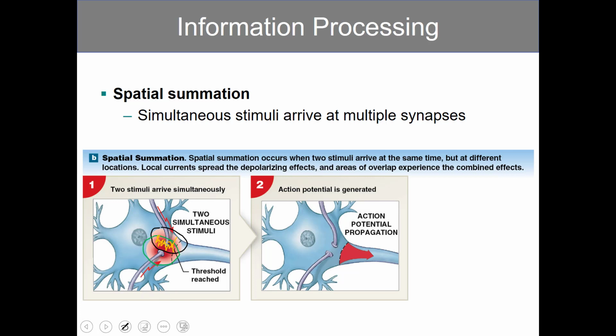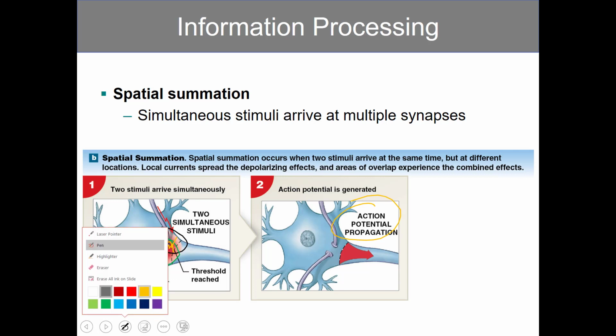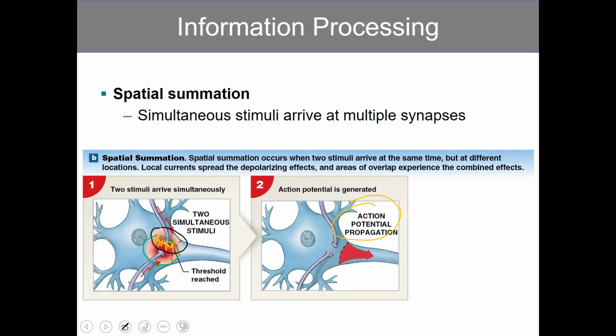Through spatial summation, stimuli arrive from multiple synapses, but because their fields overlap, you can add up the individual contributions of each. So you sum them together. Through spatial summation, you can also reach threshold, but it's going to require activity at all of those synapses with their overlapping fields.